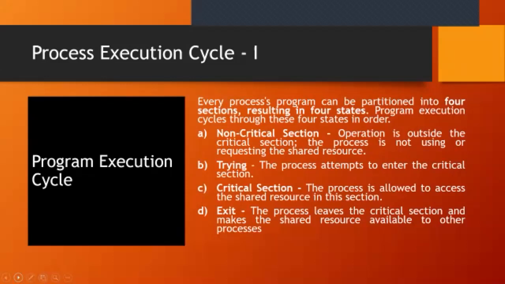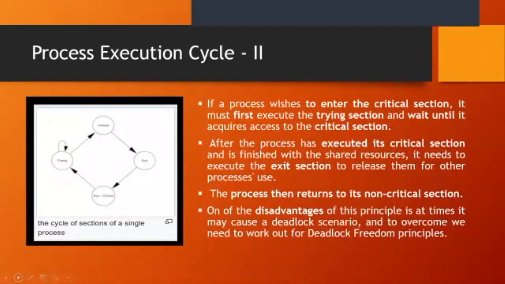That process is allowed to access the shared resources. Exit: the process leaves the critical section and makes the shared resource available to other processes. So basically these are the four steps of the program execution cycle. This is shown diagrammatically also.